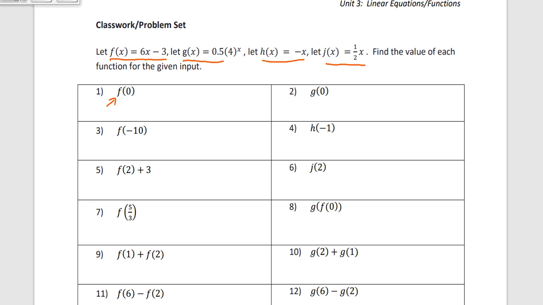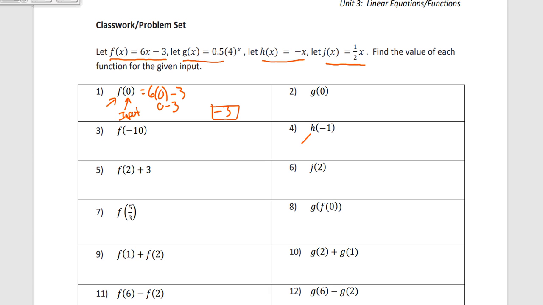Here they say use function f, and that's my input. So plug that in place of x to figure out what your output is. If I do 6 times 0 minus 3, I get -3 for my answer, right? And there's all different functions for you to look at. I'm just going to skip around.